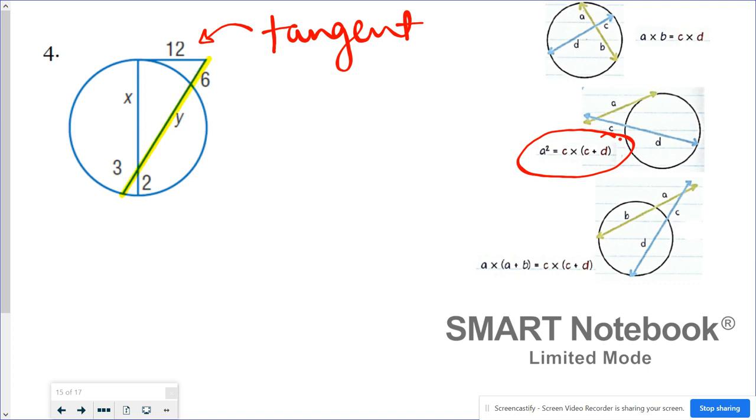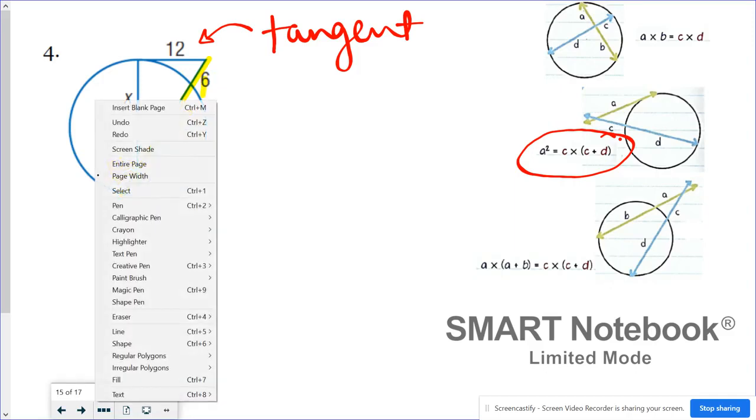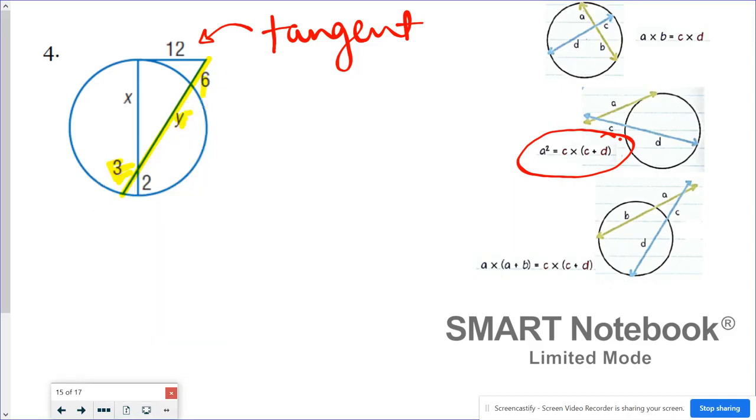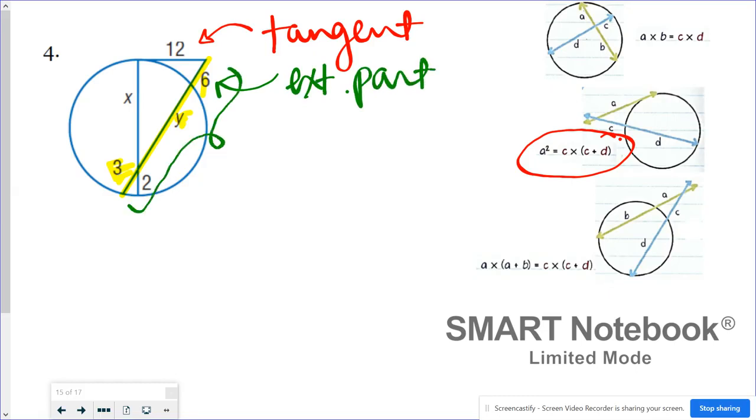Okay, and so I believe that smaller segment is 3. Right, and then you've got y and 6. So we have to be a little bit careful here. So 6 is definitely the external part of the secant. The whole secant would be y plus 3 plus 6, which is y plus 9.